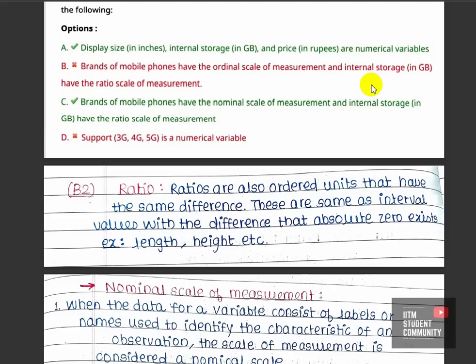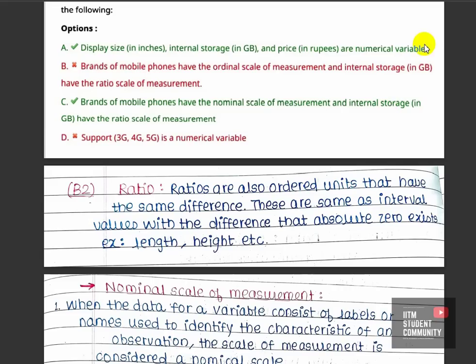It goes on doubling each time. But since the first part of the option is incorrect, the whole option gets eliminated. Now option C says brands of mobile phones have nominal scale of measurement and internal storage have ratio scale of measurement. We already saw the second half of the option in the previous option. Internal storage is ratio scale of measurement, that part is true.